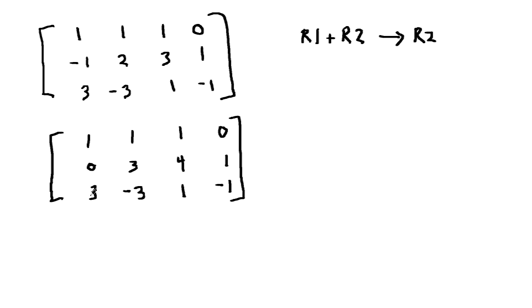Now let's look at that third row there. We want to get rid of that 3. So the way to do that is we'll take minus 3 times row 1 and then add that to row 3. So let's do minus 3 row 1 plus row 3. That'll give us our new row 3.